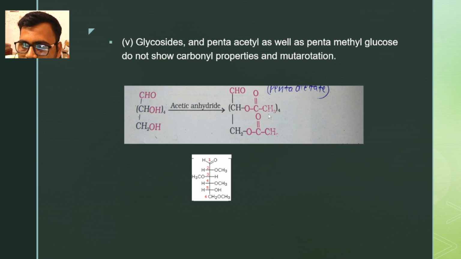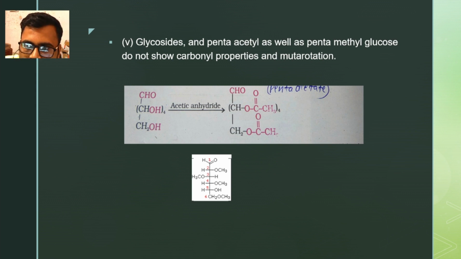So in the methyl glycoside, pentaacetyl and pentamethyl glucose molecules, the aldehyde group is free, and we can expect that this aldehyde group shows the characteristic tests of aldehyde like bisulfite addition or restoring the magenta or pink color of Schiff's reagent.